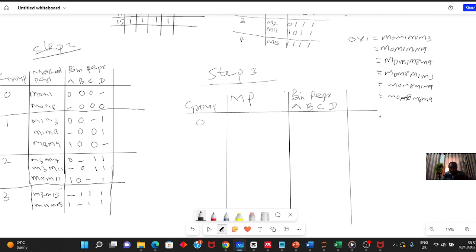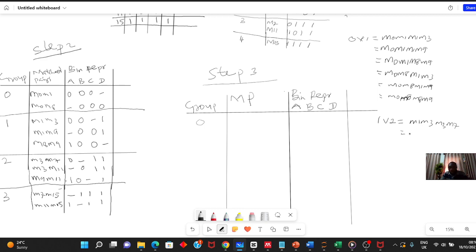And then when you map 1 versus 2, you have M1, M3 mapping M3, M7, right?